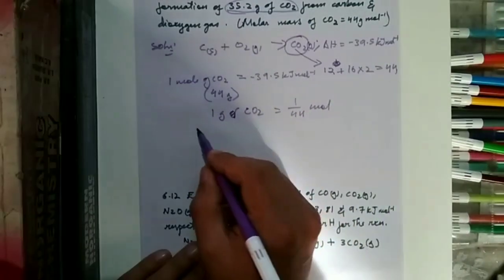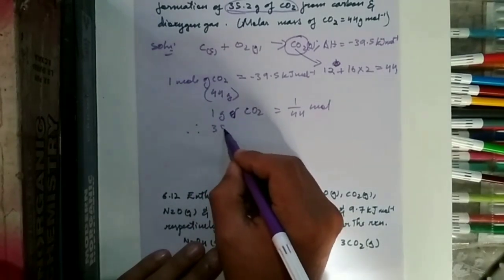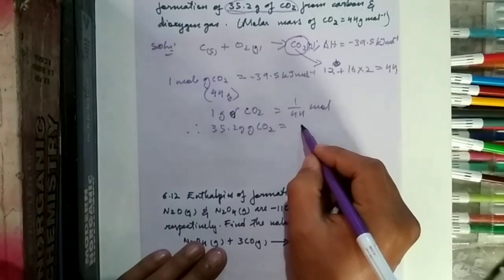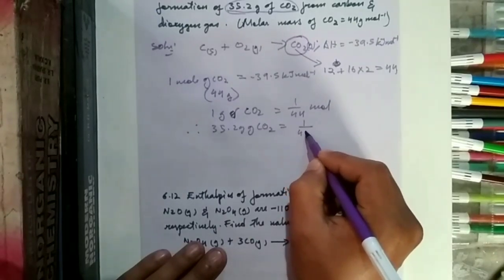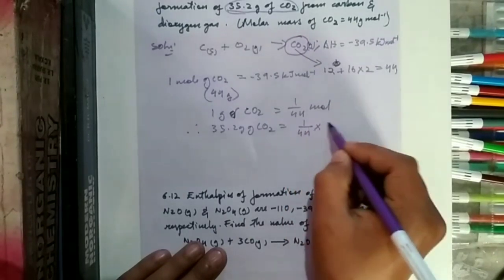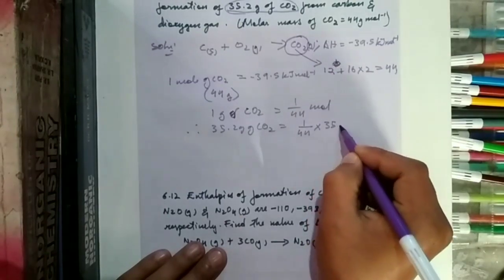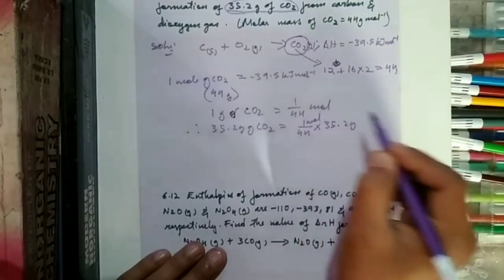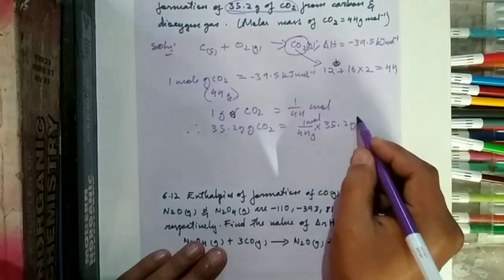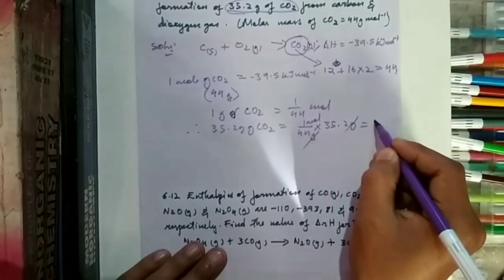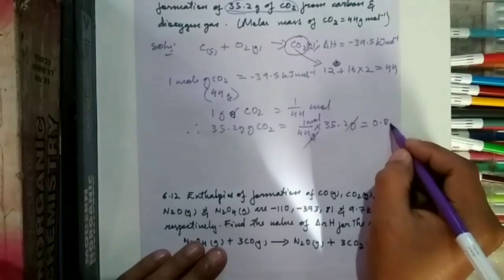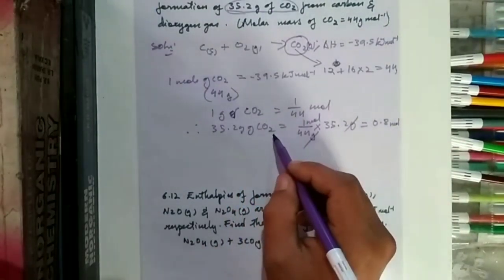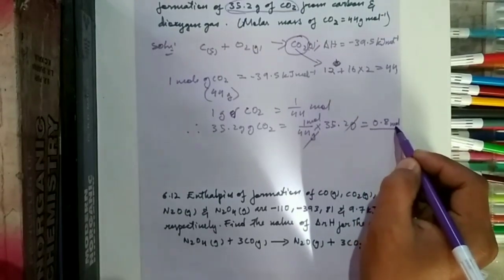Now for 35.2 gram of CO2, it will be 1 by 44 into 35.2 gram. So cancel, you will get 0.8 mole. So in 35.2 gram of CO2 we have 0.8 mole.